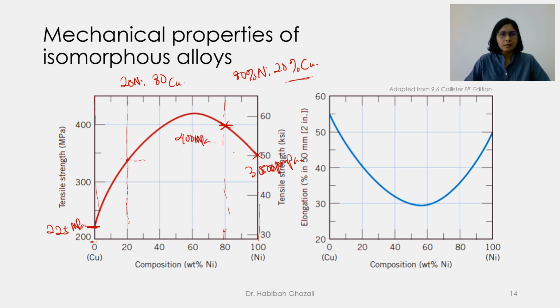This is how we explain solid solution strengthening. And if we look at ductility versus composition, the behavior is opposite to tensile strength. Ductility will decrease with the addition of the second component.